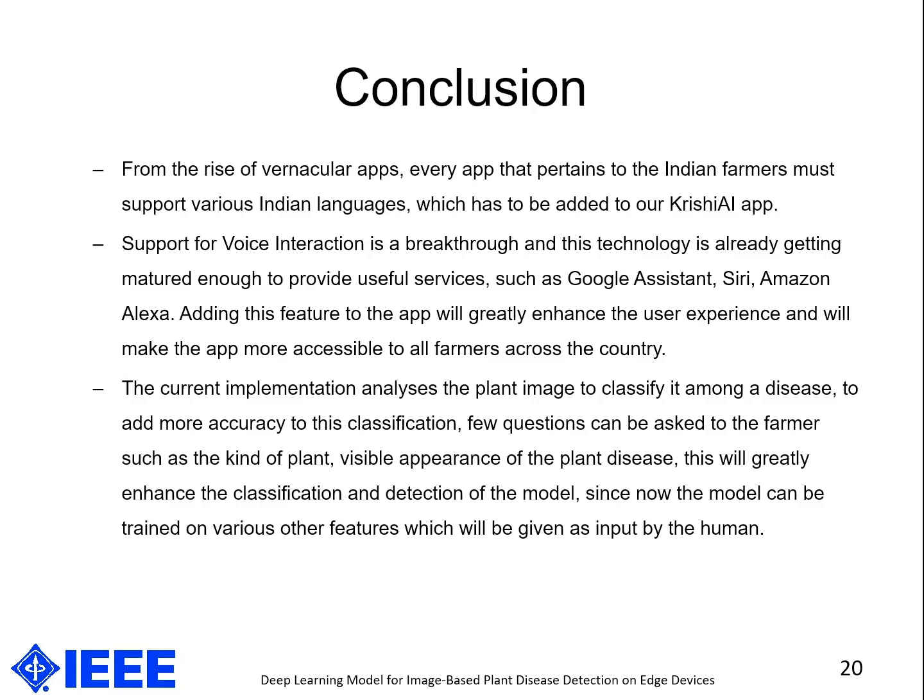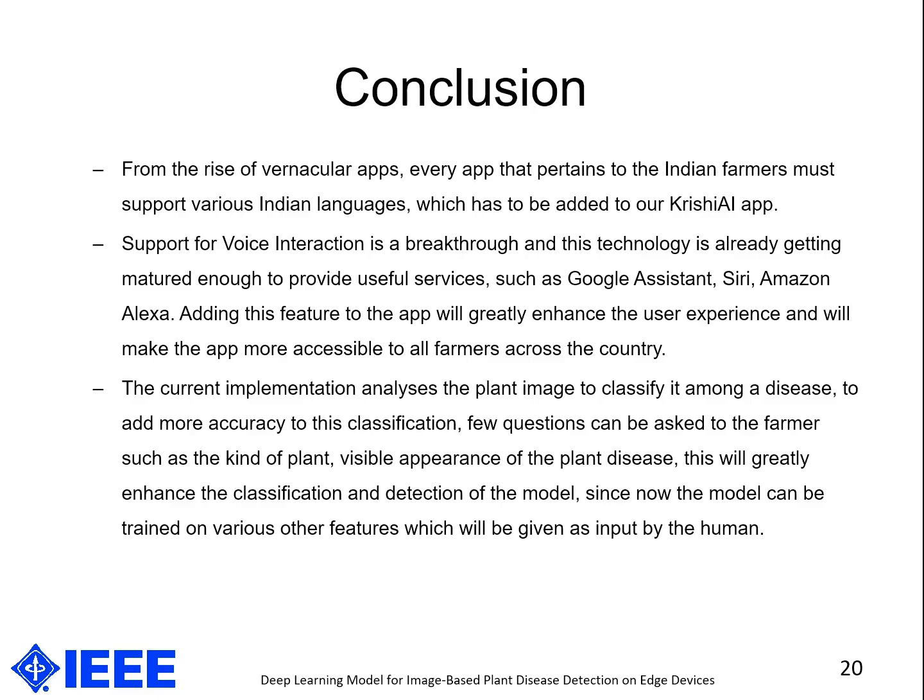From the rise of vernacular apps, every app that pertains to Indian farmers must support various Indian languages, which has to be added to our app, as I mentioned earlier. Also, not every farmer can type properly, because even the keyboard is in English, right? Even though we convert the keyboard to Hindi, it does not give that good UI experience.